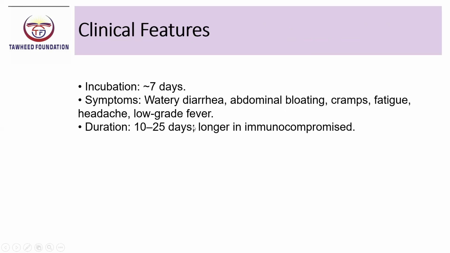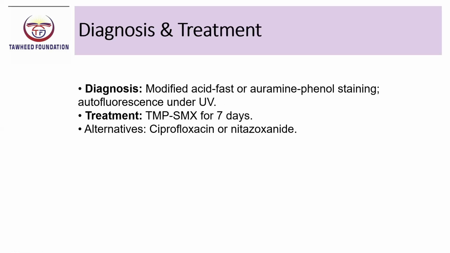Symptoms include watery diarrhea, abdominal bloating, cramps, fatigue, headache, and low-grade fever, and the duration will last around 10 to 25 days, and it will take a longer period of time in immunocompromised individuals. Diagnosis and treatment: acid-fast stain and auramine phenol staining under autofluorescence UV. Treatment: the drug of choice will be given. Alternatives are ciprofloxacin or nitazoxanide.